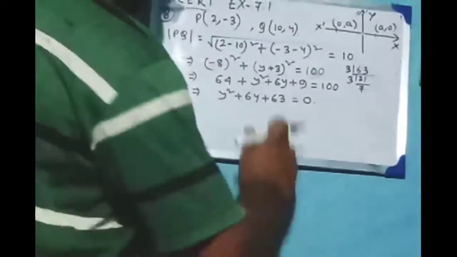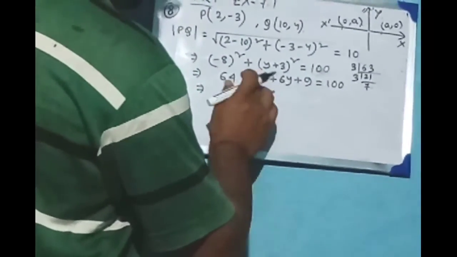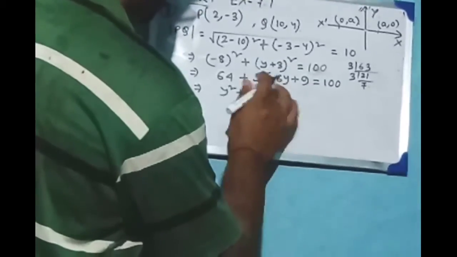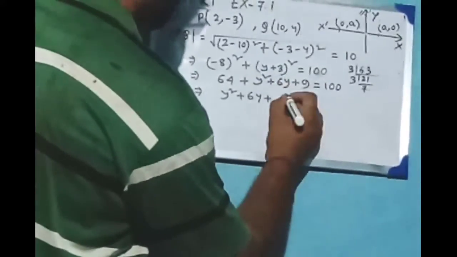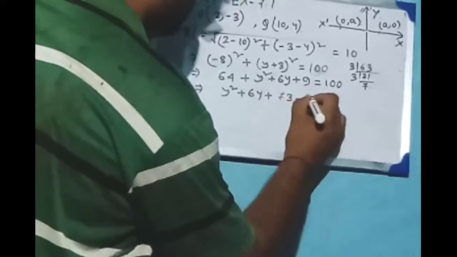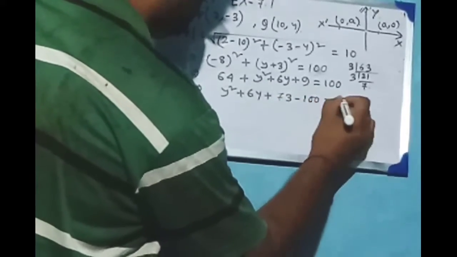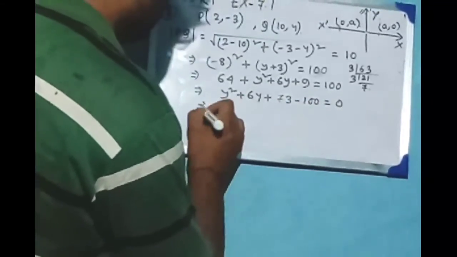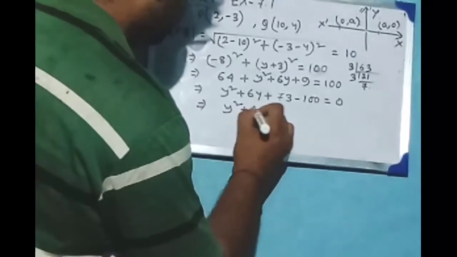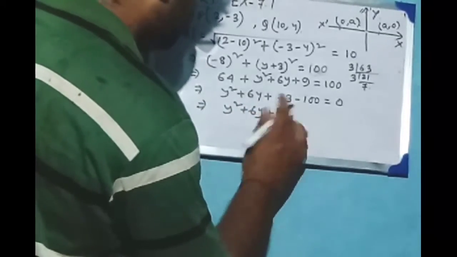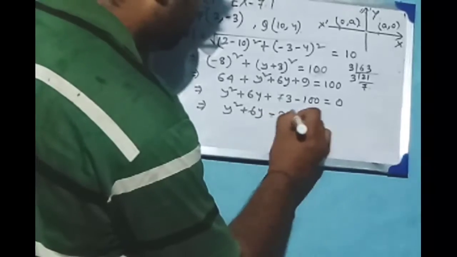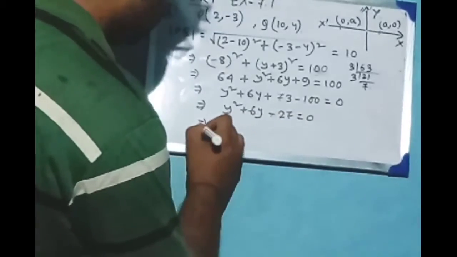So again, if I do the calculations over here, this will be y square plus 6y, 64 plus 9 means 73 minus 100, that's equal to 0. So y square plus 6y minus 27 equals 0.